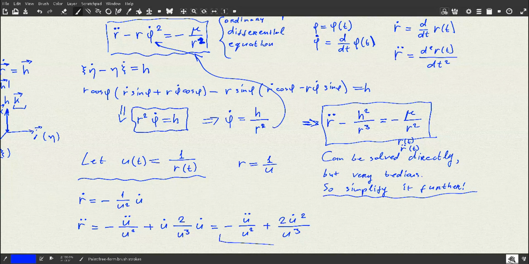And therefore, having expressed r double dot, we can now say that from this equation, minus u double dot over u squared plus 2 times u dot squared over u cubed minus h squared now multiplied by u cubed equals minus mu u squared.